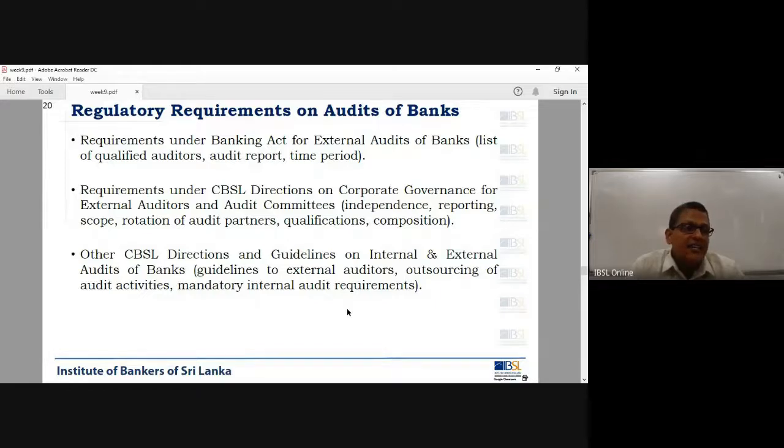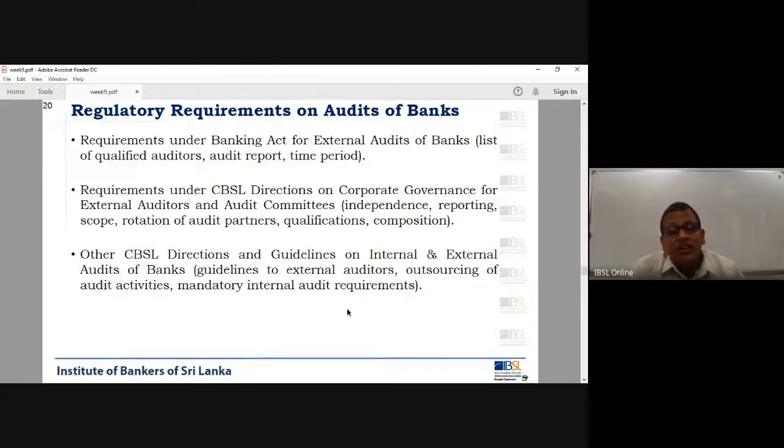Unlike other companies, not just any auditors can audit bank accounts. The Central Bank of Sri Lanka publishes the list of names, saying these are the auditors who can audit a bank and submit the reports. That is one of the requirements the bank has to comply with.